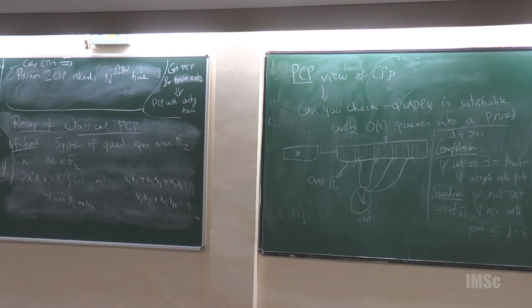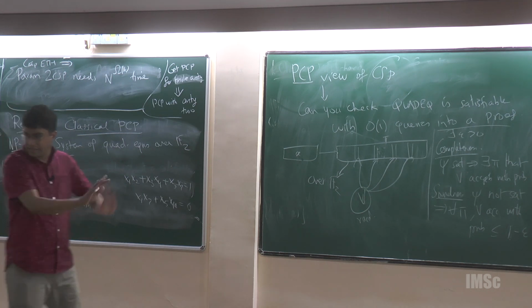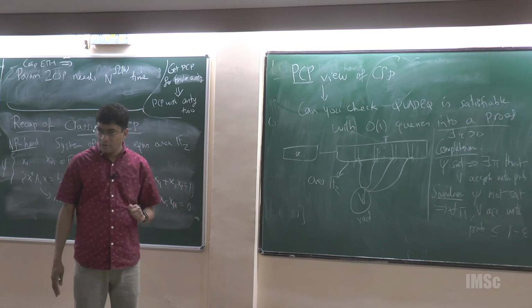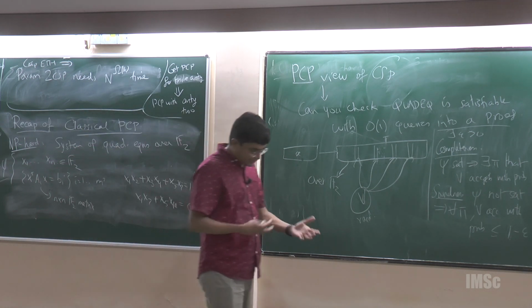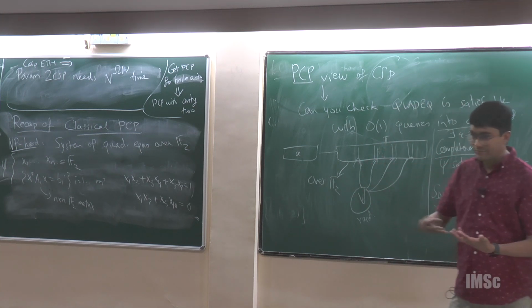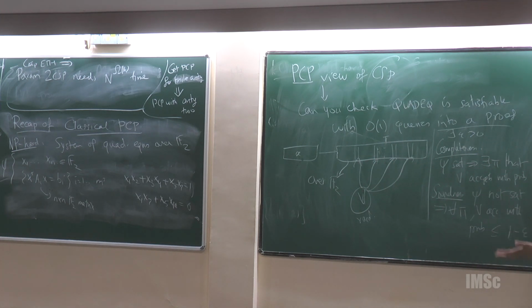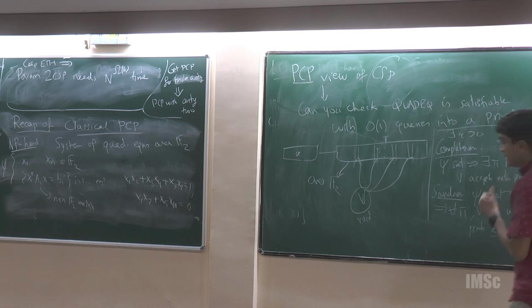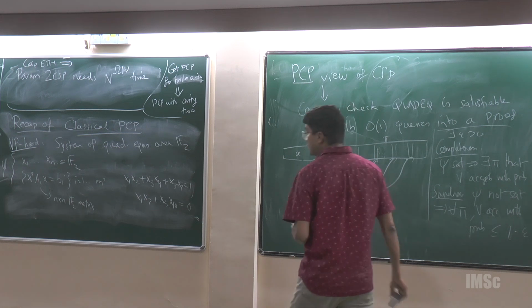But now the proof won't be Boolean, it will be a bigger alphabet. Okay, that's the connection. So you can immediately go from this to a CSP. But this view is nicer because now you can think a little bit more operationally. You can think about the verification, what the proof should contain, and so on. All right, I'm a little lower on time than I thought, which is okay.